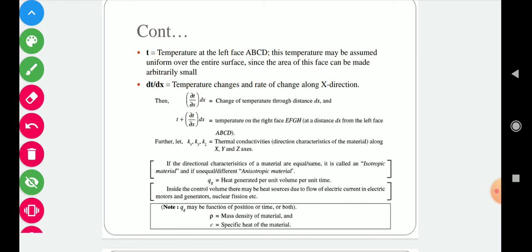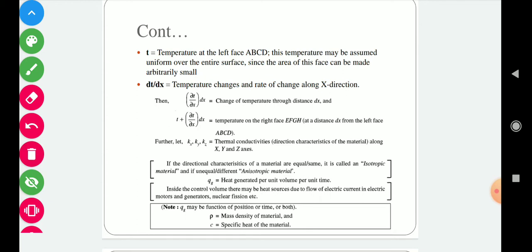Now if the initial temperature is T and this is the total change in temperature along length dx, then the temperature at the exit face will be equal to the initial temperature plus the total temperature change. So the temperature at face x plus delta x will be equal to T plus del T by del x into dx.